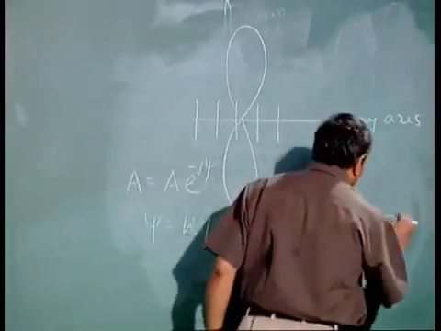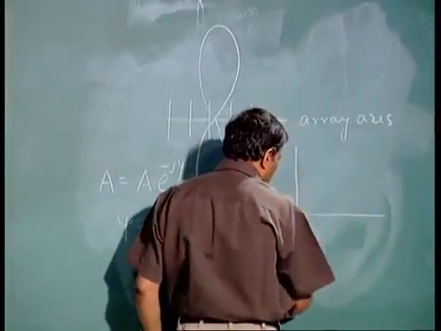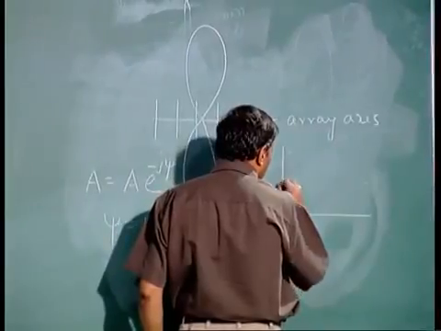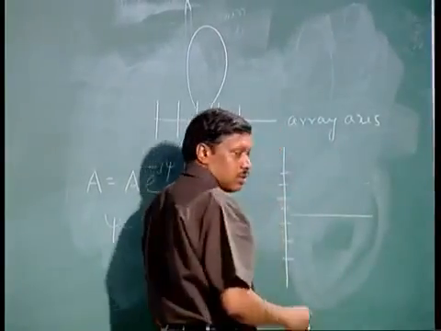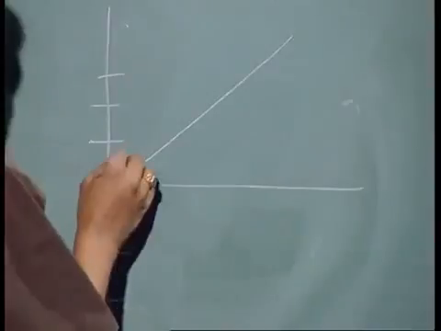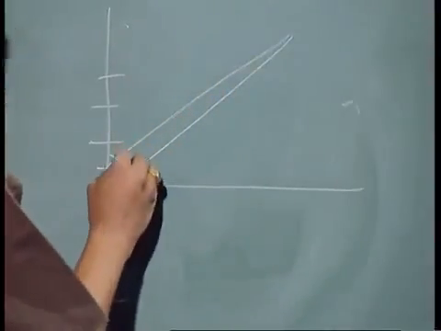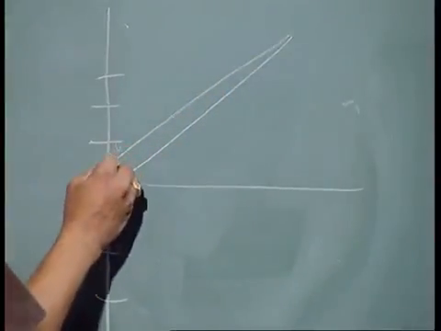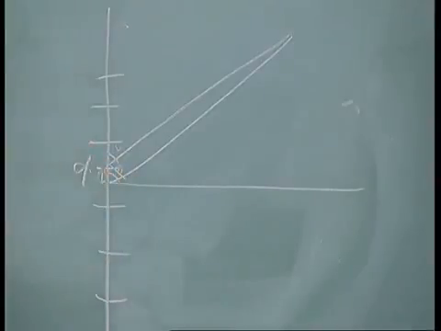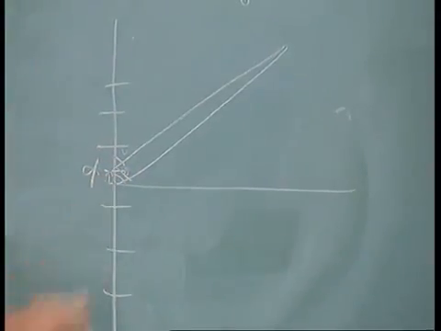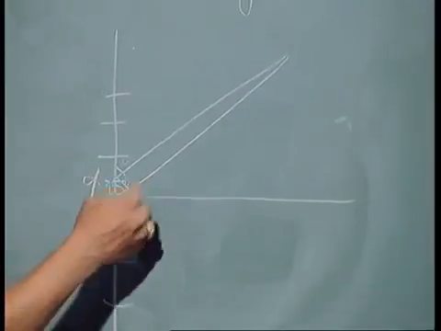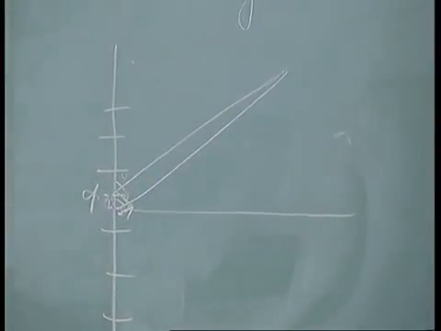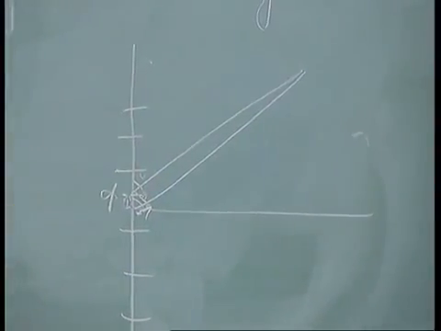Suppose your array is aligned like this: 1, 2, 3, 4. This is the distance, and they make an angle theta. Let us say this distance is d, then it is d cos theta. The separation between these two is d cos theta, and that d cos theta is the path difference.